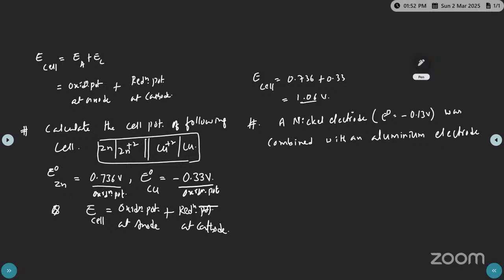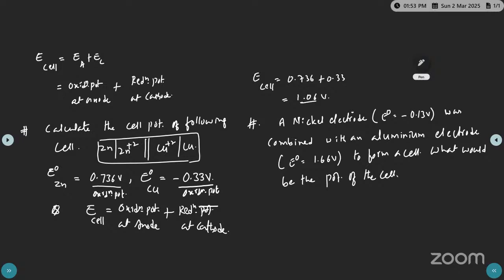Here the given potential E naught is equal to 1.66 volts, to form a cell. What would be the potential of the cell?